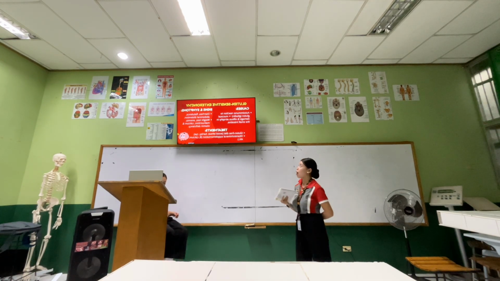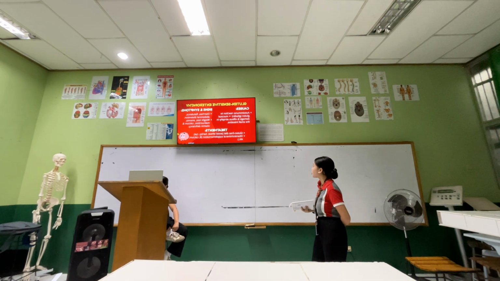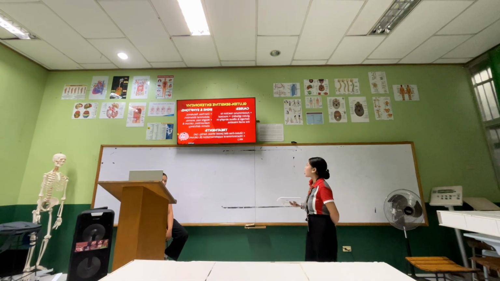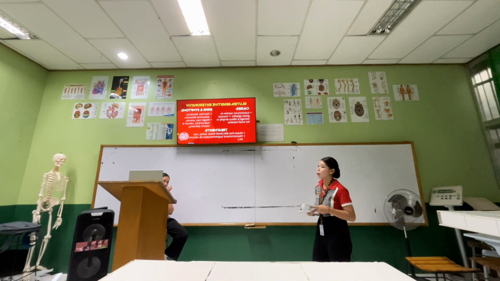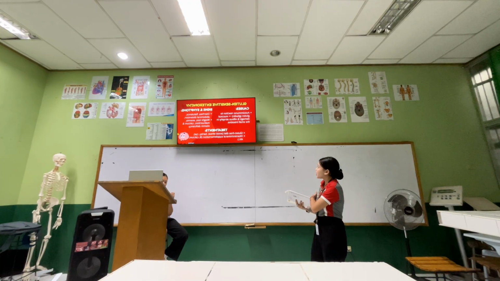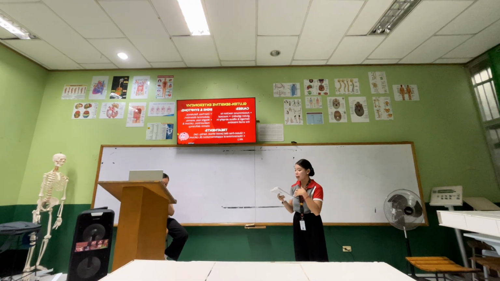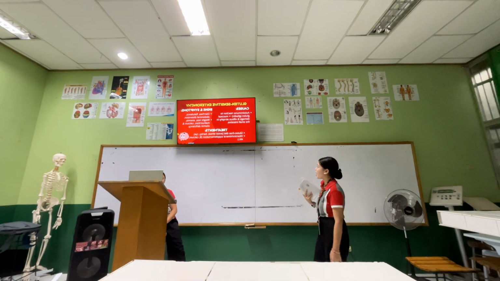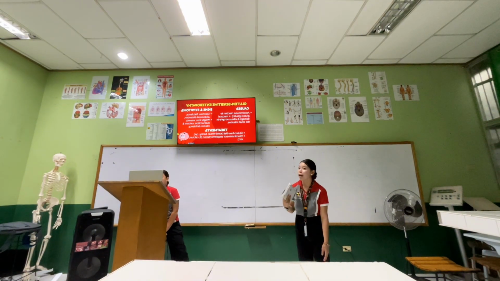So, causes of celiac disease, autoimmune reaction to gluten leading to mucosal damage and villous atrophy in the small intestine. So, signs and symptoms, diarrhea, flatulence. So what do you mean by flatulence?